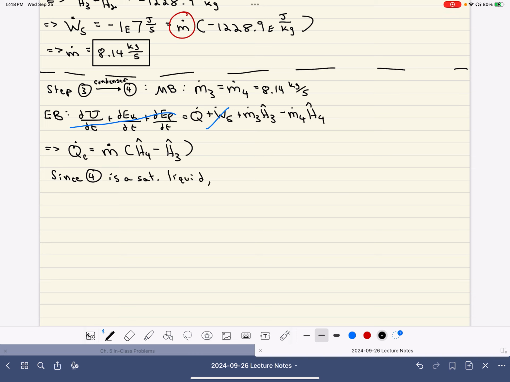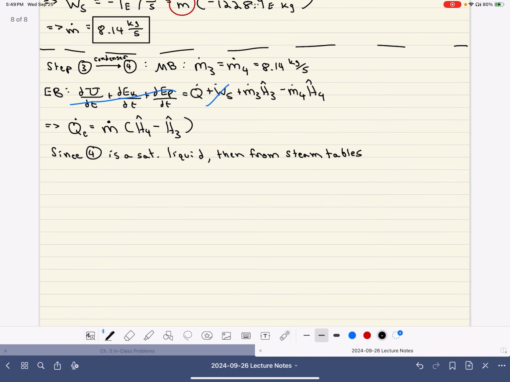And so we have our two pieces of thermodynamic information, the pressure and the fact that it's saturated. Based on that, one can just go to the steam tables and get all of the other information for stream 4. I'll just write down a summary of all that information. We already know the saturation temperature at a pressure of 20 kilopascals.